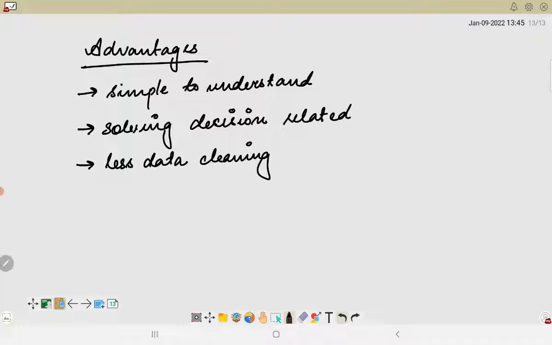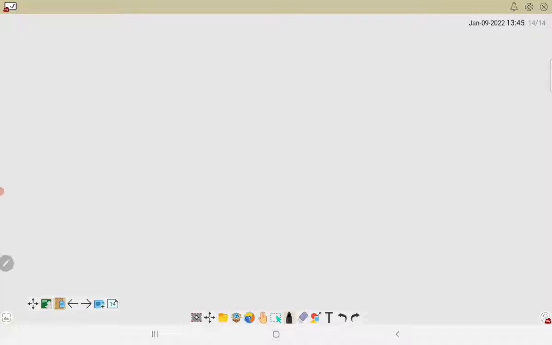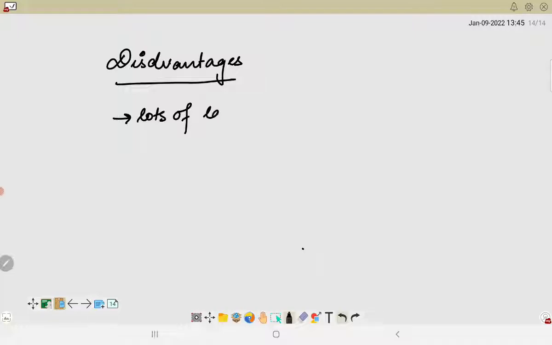So these are some of the advantages associated with the decision tree classifier. The next one is the disadvantages. We will talk about the cons of this particular algorithm. It has many layers, as you saw in the previous example, which makes it more complex, and it may also have an overfitting issue, which can be solved using other algorithms like the random forest algorithm.